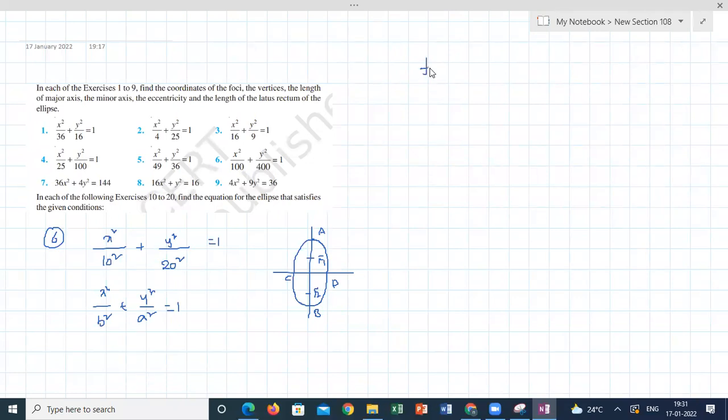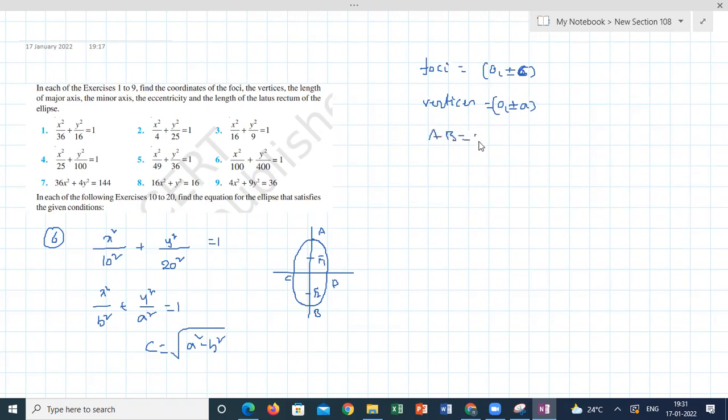First one is foci 0, plus or minus c. Vertices 0, plus or minus a. So c is equal to root of a square minus b square.